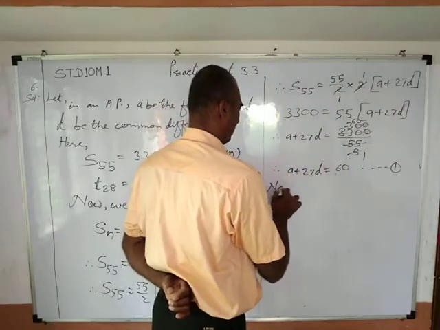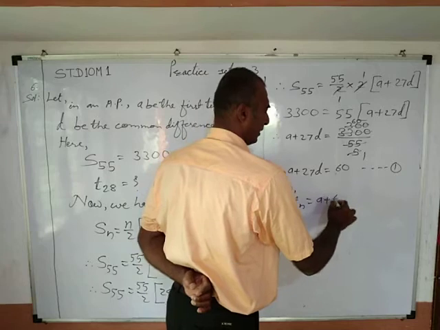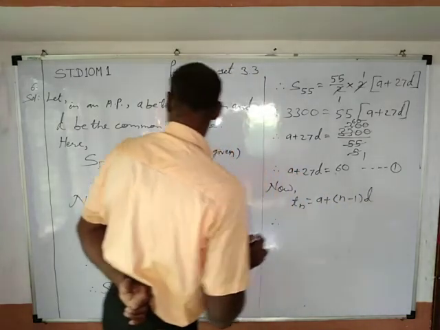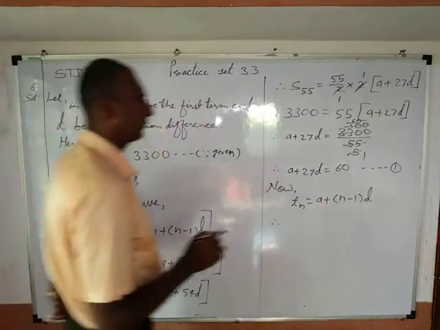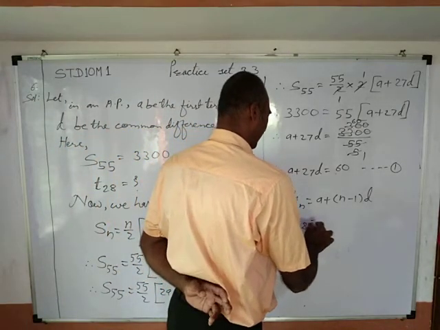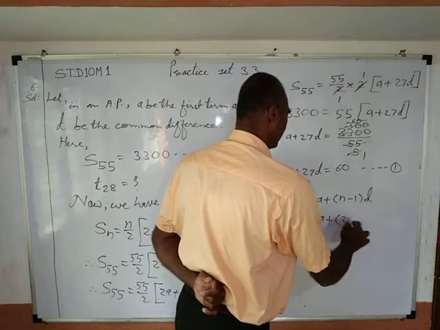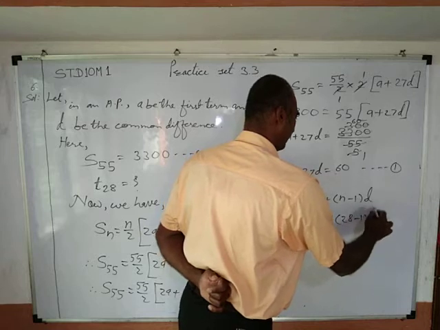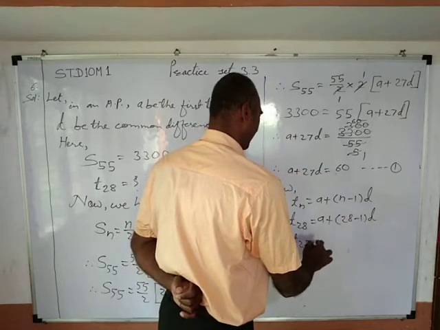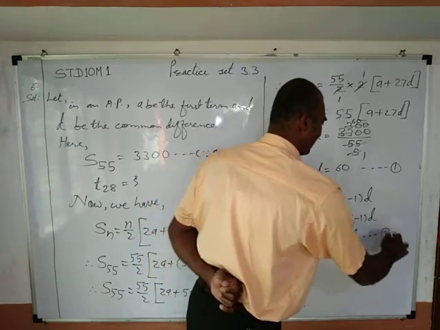Now Tn equals a plus n minus 1 into d, and we are interested to find T28. Therefore T28 equals a plus 28 minus 1 into d, that is T28 equals a plus 27d, equation second.